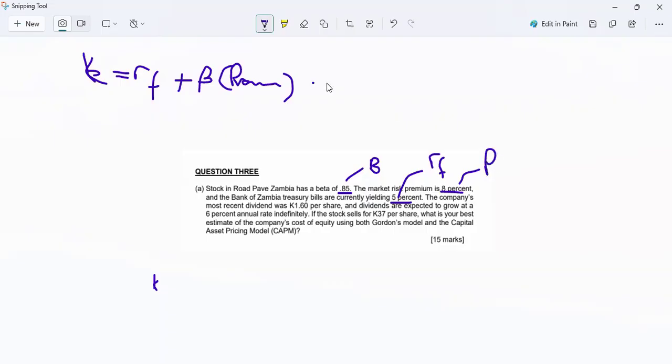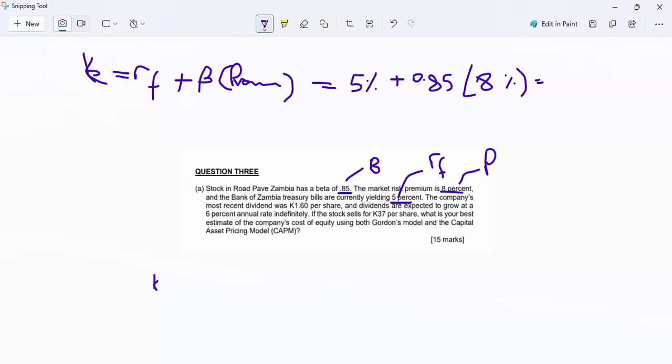Okay, so what do we have here? 5% plus beta of 0.85 times what? The risk premium is what? 8%. What do we get? Okay, so we're being asked to calculate the cost of equity using Gordon's model and using our Kaplan model.